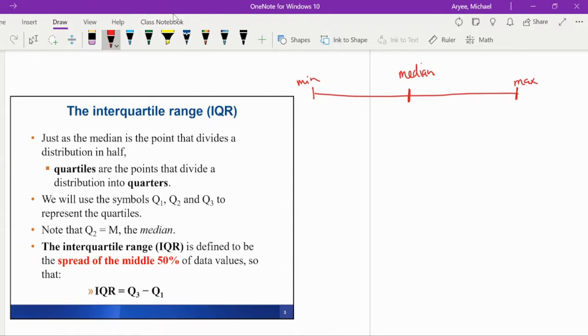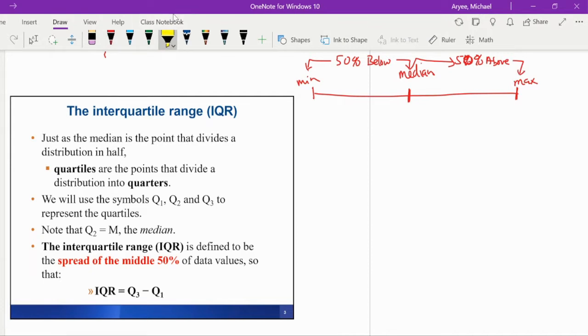So when we do the median, basically what we're saying is that 50% of the data is below the median, and 50% is above the median.